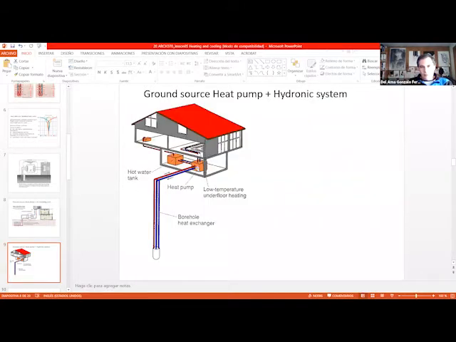Or we can have a radiant floor, or fan coils, radiators, everything that uses hot water or cold water to heat up or cool down something can be connected to these ground source heat pumps. And we have those boreholes in this case. So we are going down, and the depth of these boreholes can be, as I told you, around 200 feet.